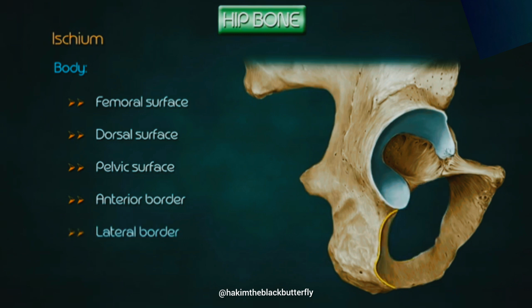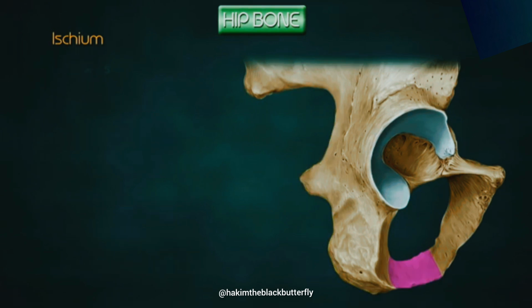The lateral border separates the femoral surface from the ischial tuberosity. It lodges the obturator externus tendon in the upper part. Posterior border is continuous above with the posterior border of the ilium and helps to form the greater sciatic notch. Ischial spine is a projection at the end of this border.